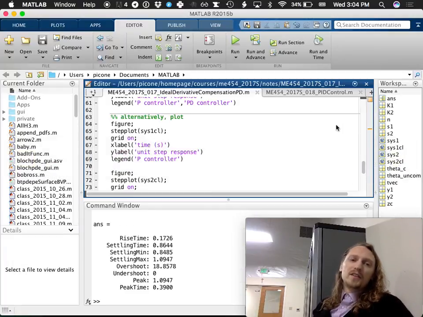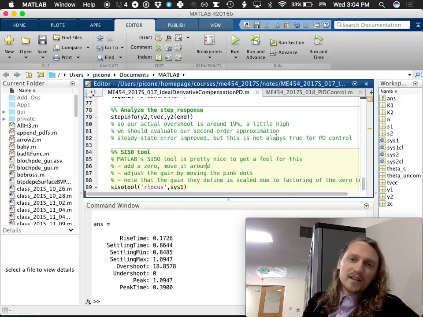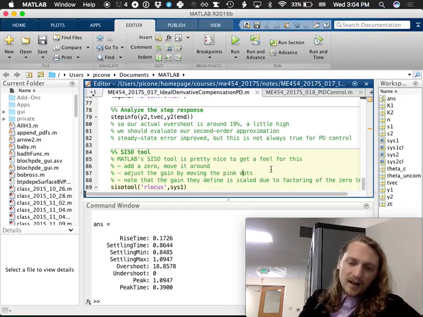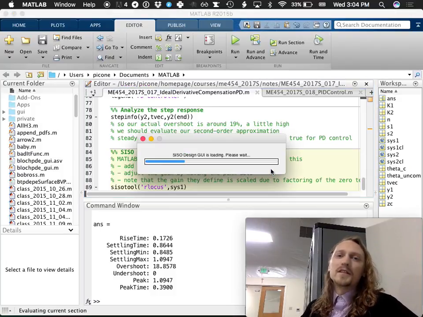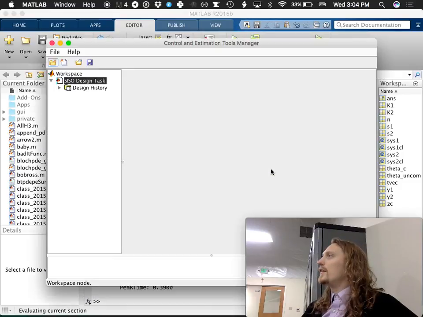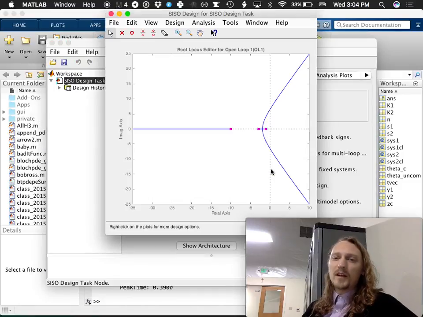I wanted to introduce this idea, though, and this is the last thing before we break for the next lecture. There's this really cool tool called the SISO Tool in MATLAB, and I don't spend a lot of time on it because I don't want you guys to feel like this is the way to go.